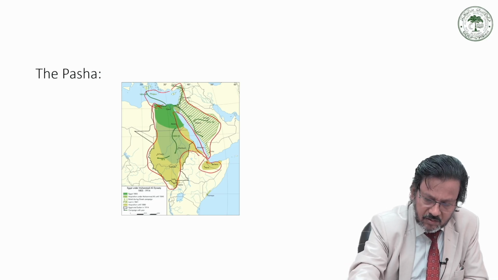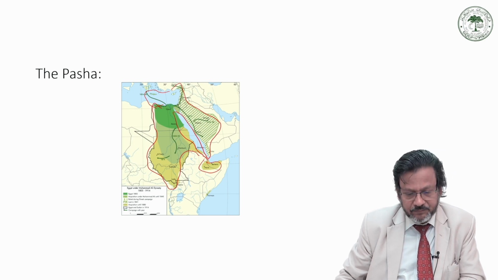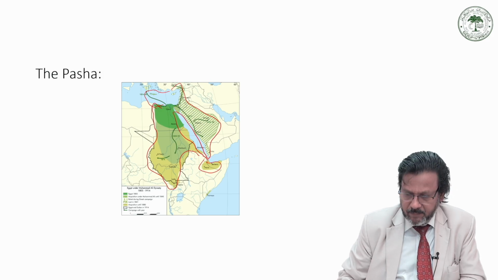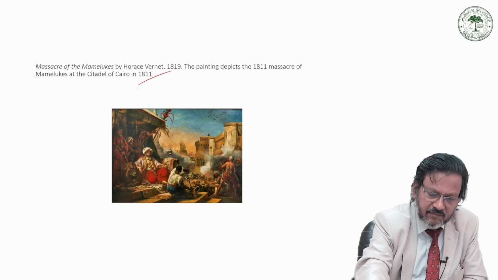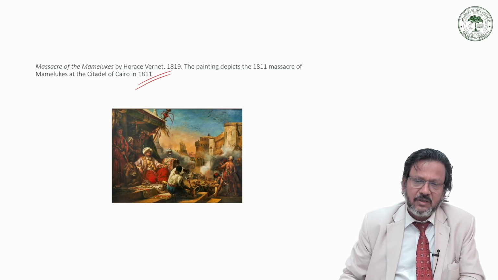It would appear that he was able to consolidate power in a very strategically significant segment of Asian and African regions. The massacre of the Mamluks in 1811 is one of the very significant, well-known episodes of Muhammad Ali Pasha's time.